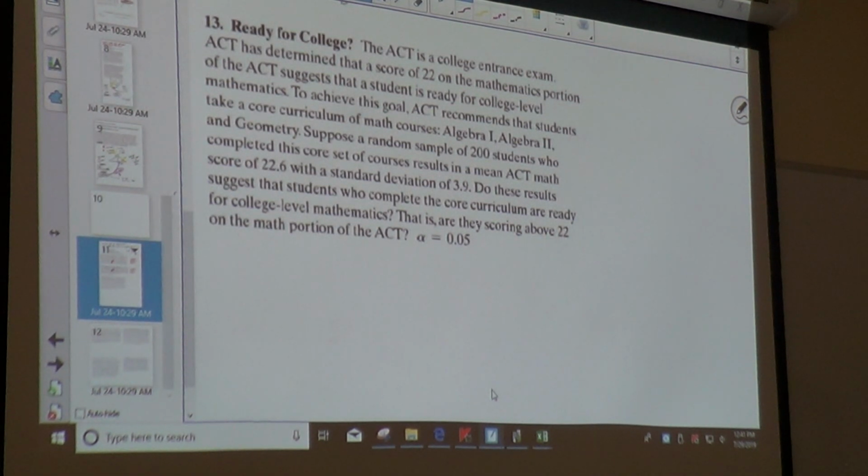ACT college entrance exam determined that a score of 22 is ready. A random sample of 200, and this one has a standard deviation. That's what's telling you that it's a t-test. So let's do the H0 and the H1.